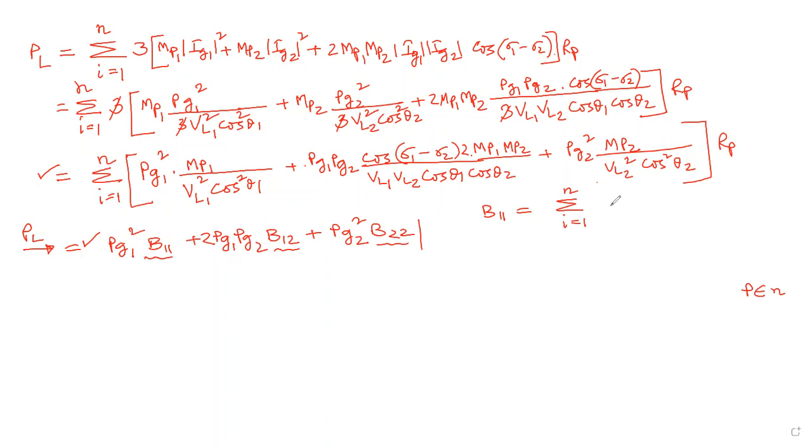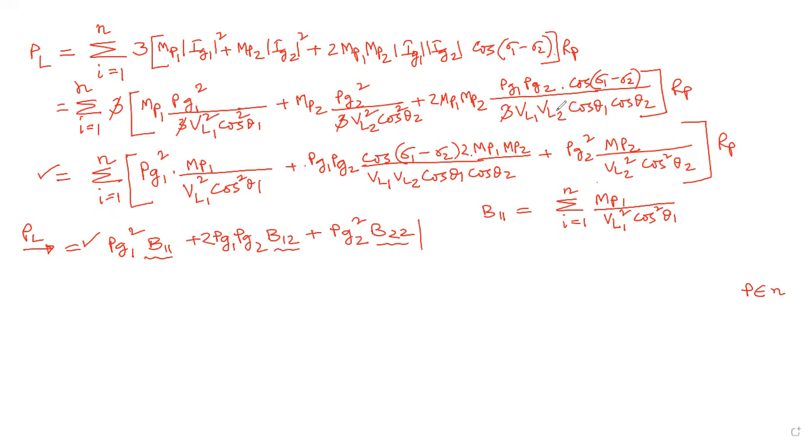So then what is B11? Let's go back to B11, summation of I equals 1 up to n. It is PG1 squared B11, so whatever remains other than PG1 squared should come here: MP1 squared VL1 squared cosine squared theta 1. Remember that VL1, VL2 are the magnitudes of the line voltages, not the phasors.